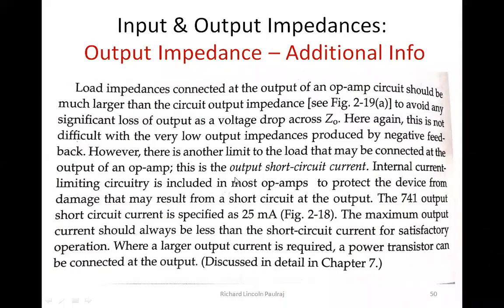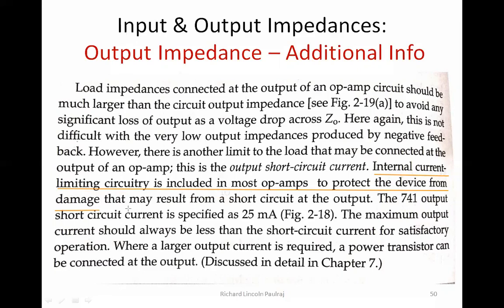So we were talking about the output short circuit current, ISC. The internal current limiting circuitry is included in most op-amps to protect the device from damage. Now, this is as good as your stabilizers, which work as internal current limiting circuitry, helping to protect the device from damage. This can be because of short circuits that can happen.